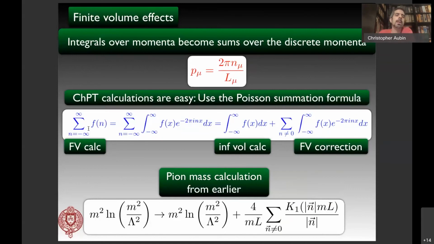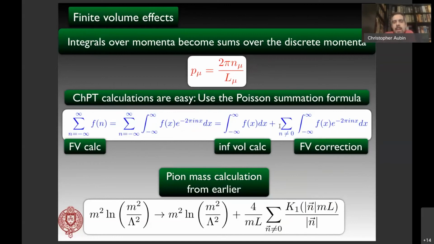If you have a sum over discrete integers, again mentioned very simply, we can write this using the exponential representation of the Dirac delta function as the sum for all values of x, so it's a continuous integral now, times a phase factor e to the 2 pi i n x, which I can write as two terms.